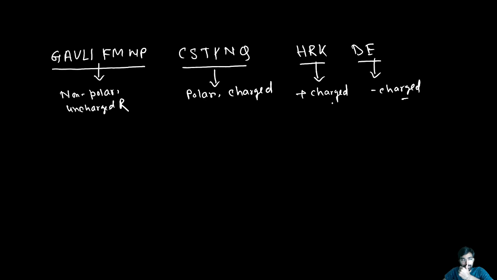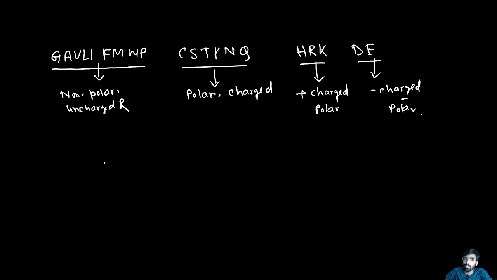That's also polar. So for molecules like histidine, arginine, lysine, the side chain is also polar, but this is positively charged and this is negatively charged. You can also write polar because anyway there is COO minus and there is NH3 plus.